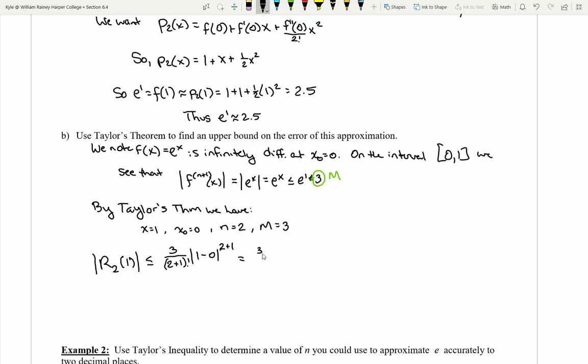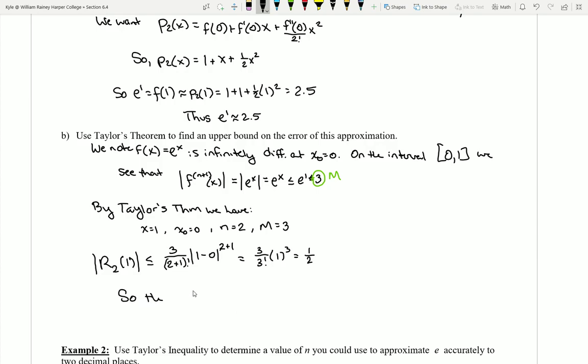So that's 3 over 3 factorial times 1 to the third power. That's actually just 1 over 2, because it's 3 over 6, and that's 1/2. So at this particular x value, the size of my gap is at most 1/2.